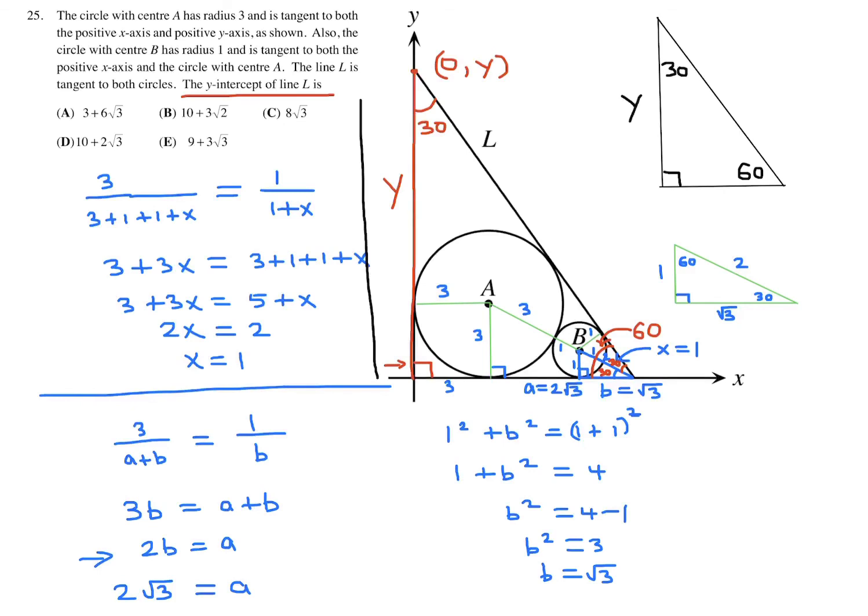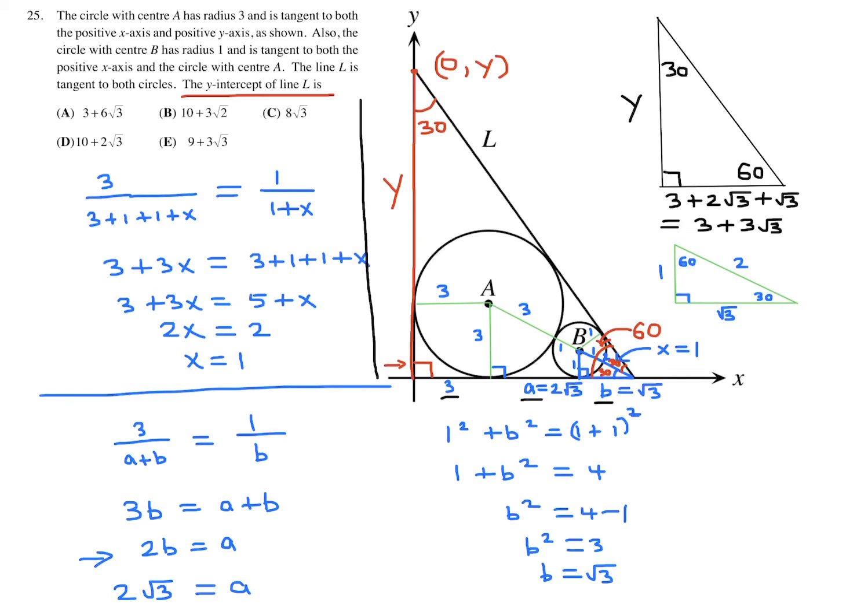And y is right here. And this part, the base, we have figured out. It's 3 plus a plus b, correct? 3 plus a, which is 2 root 3, plus b, which is root 3. And this is all 3 plus 3 root 3.